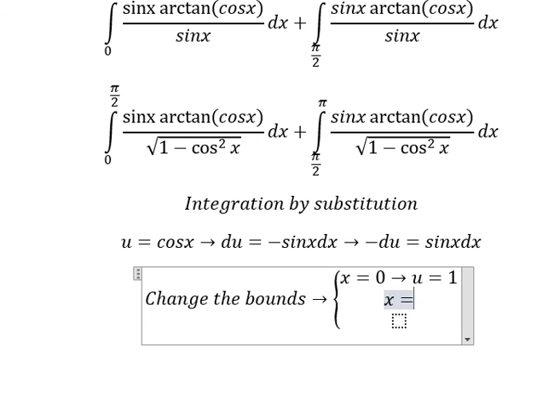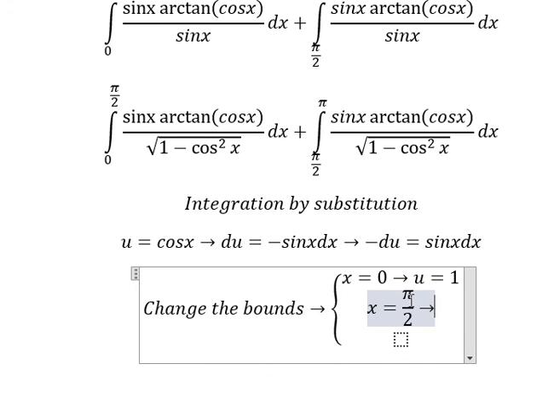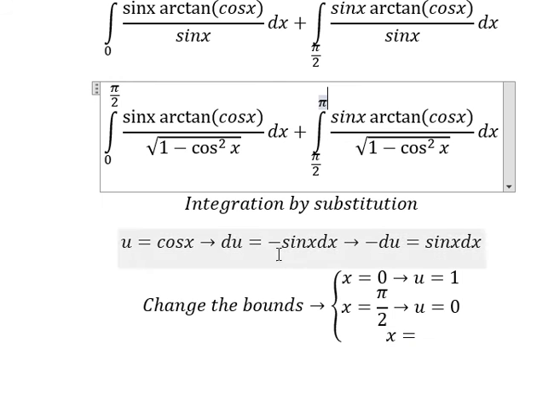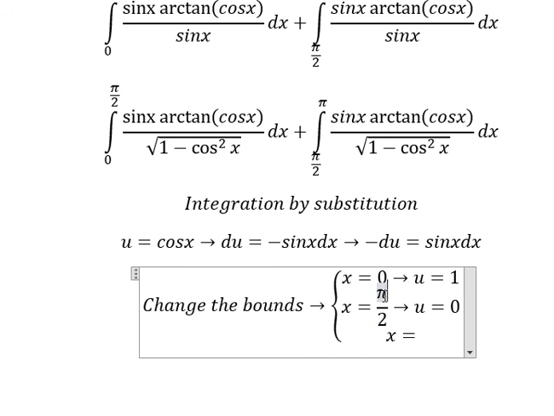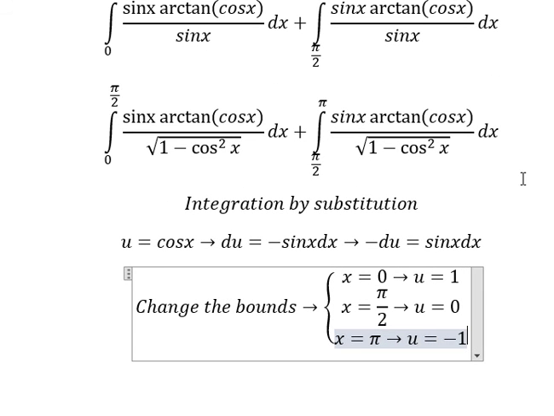When s equals pi over 2, u equals number 0. And the last one, when s equals pi, we have u equals negative number 1.